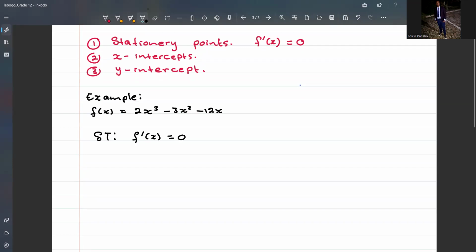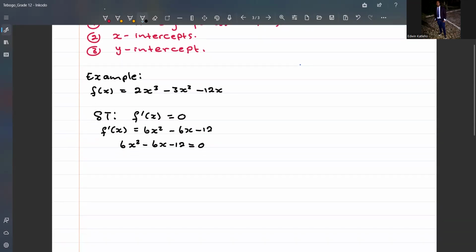The derivative of this function is going to be 6x squared minus 6x minus 12. Remember, we just said that this must equal zero. So therefore, 6x squared minus 6x minus 12 must equal zero.